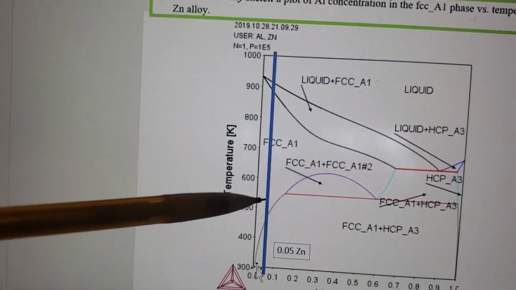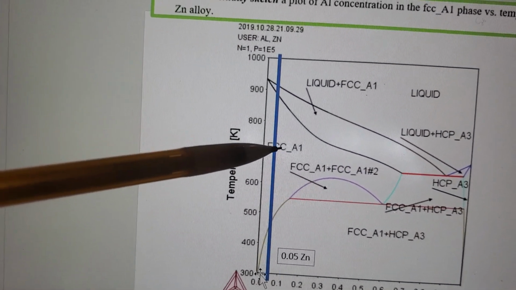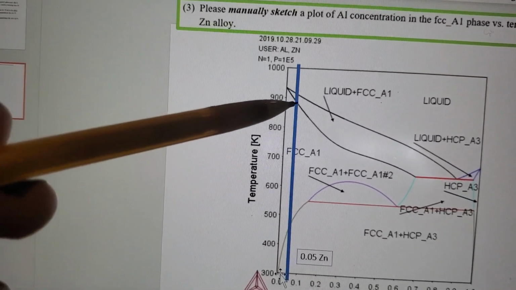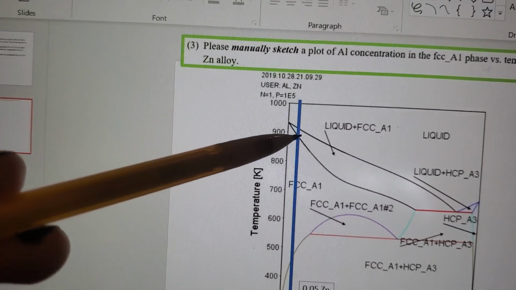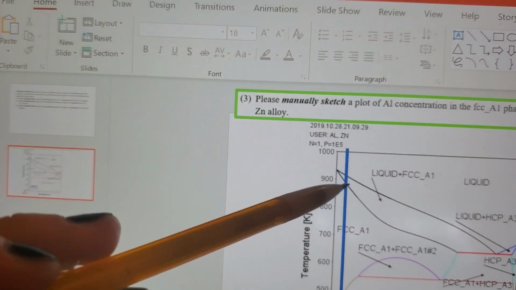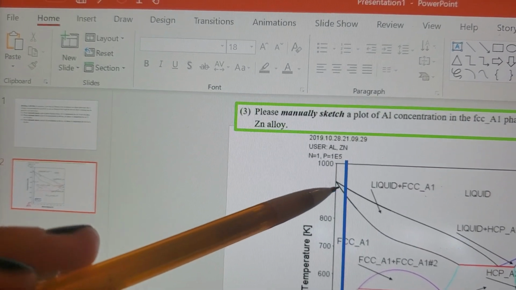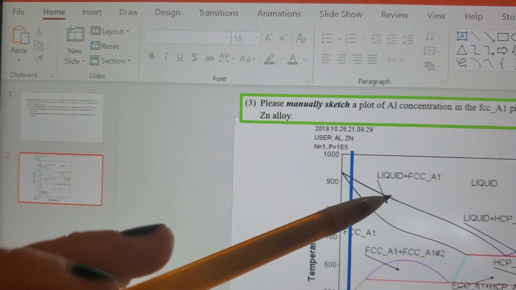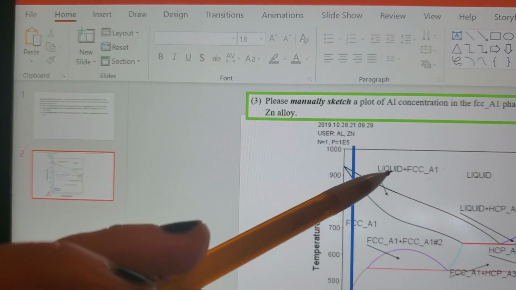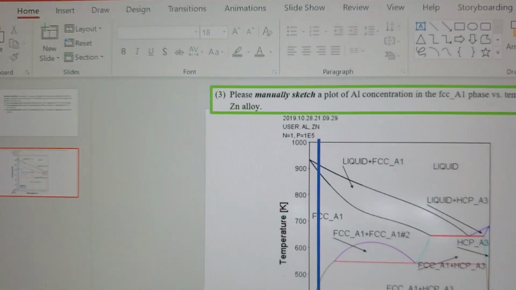So we just looked at the entire single region FCC A1, but once we hit this point right up here, we have 890. And then after 890 to about 930 is where we have two phases in the temperature range, liquid and the FCC A1.